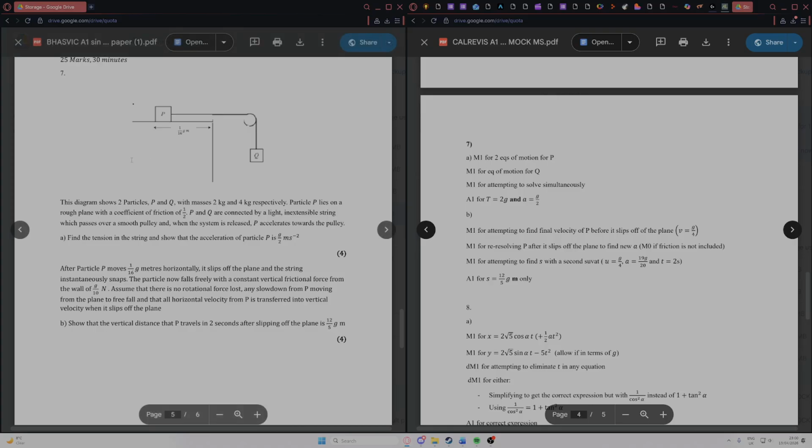And then you have to set up a new SUVAT with your initial velocity being your final velocity from earlier, because we're modeling a new situation now, where the start of our new situation is the end of the old situation.